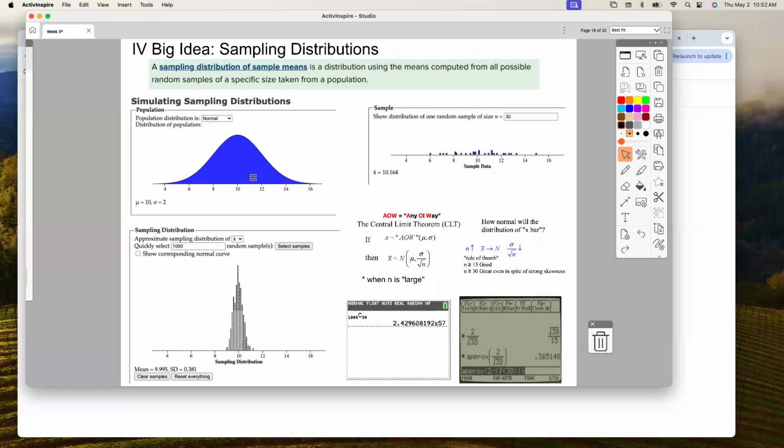All right, so let's suppose I have this huge population, and this normal distribution is going to illustrate that. I just have thousands and millions of observations here. The average of all of them is 10, and the standard deviation is 2. Now, if I take 30 out of there, I can use StatKey to do this.